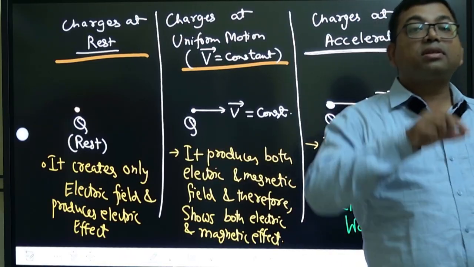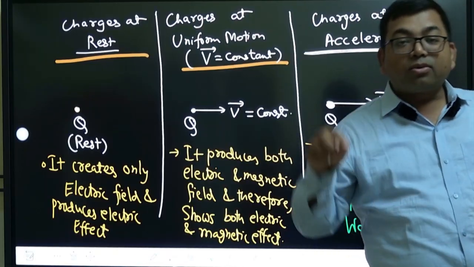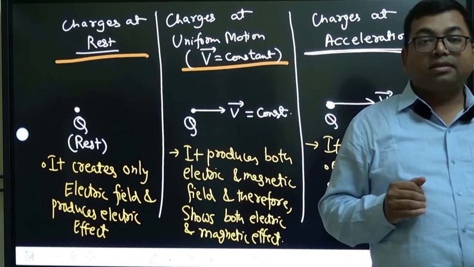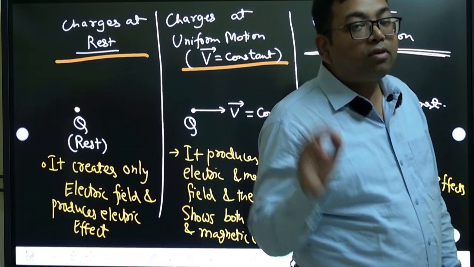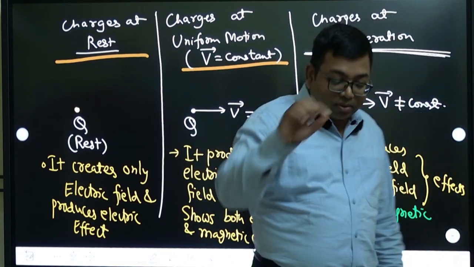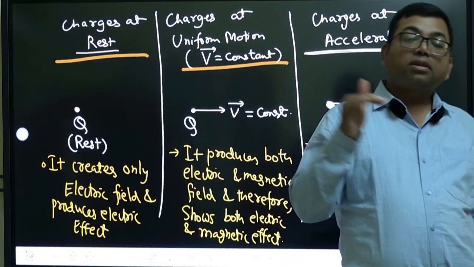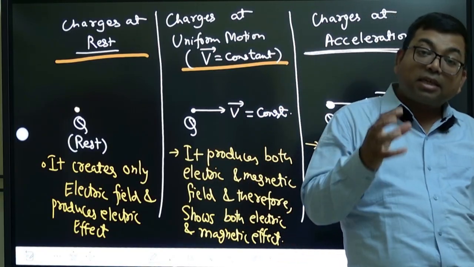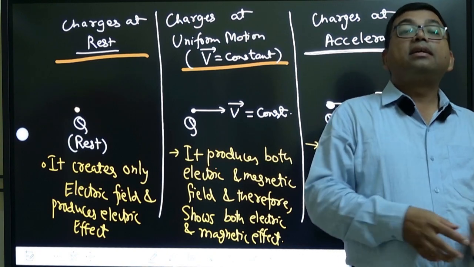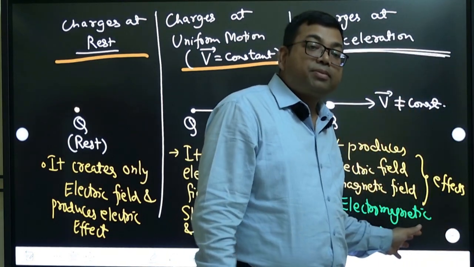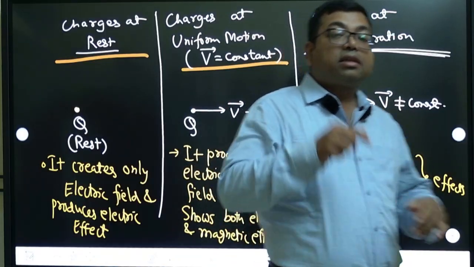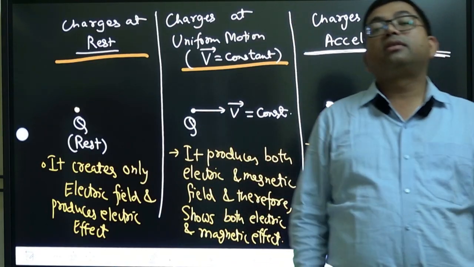In uniform circular motion there is a centripetal acceleration, so that charged particle will emit electromagnetic waves, lose energy, and finally collapse into the nucleus.